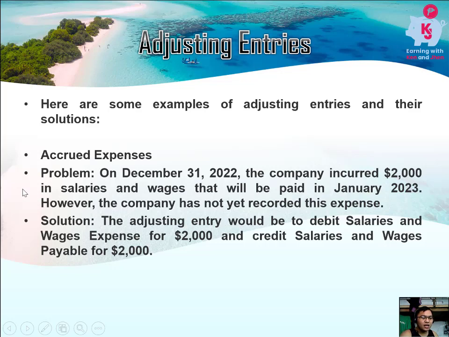Solution: the adjusting entry would be to debit salaries and wages expense for 2,000 and credit salaries and wages payable, or accrued salaries and wages payable. So, pwede rin yung normal na account lang na salaries and wages. Pwede rin accrued salaries, wages payable, para malaman natin na ito pa ay accruals.